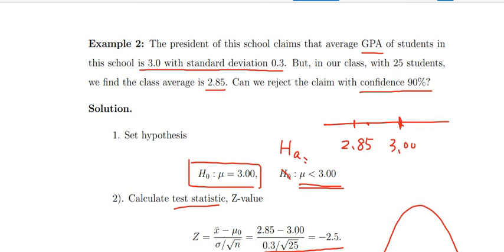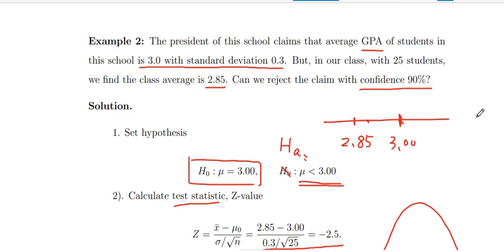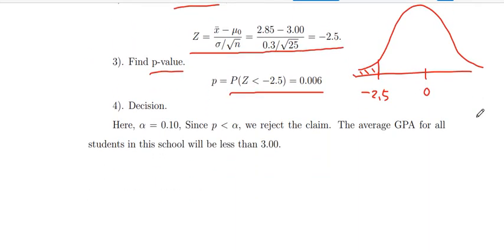If it is 90%, then this alpha is 10%. So we say we have 90% confidence that our conclusion is correct.